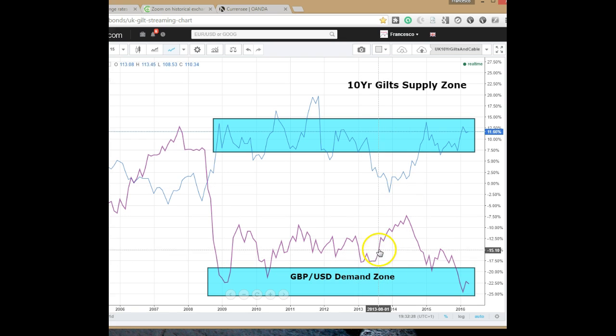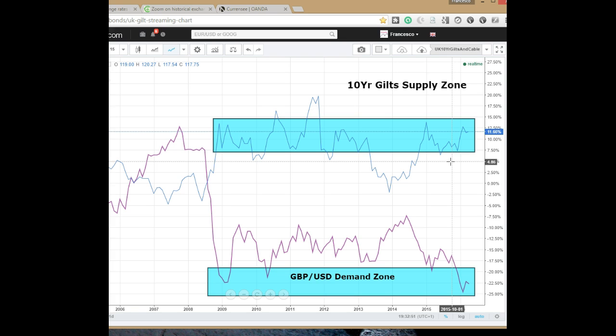The interest rate expectations for the pound rose all the way up to 1.70, and the gilts dropped. Okay, so basically as they go up, the pound comes down.